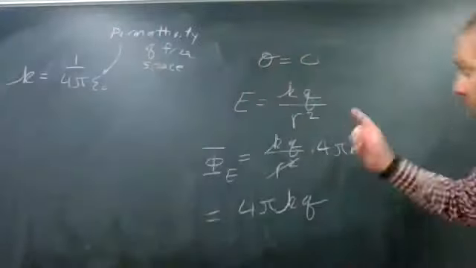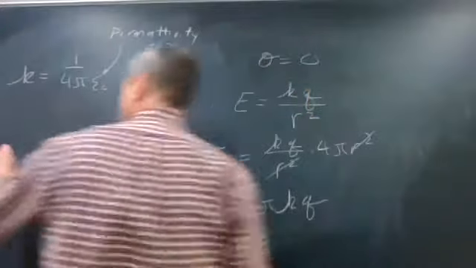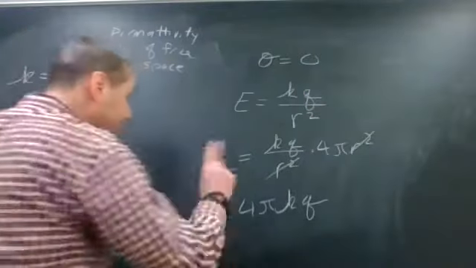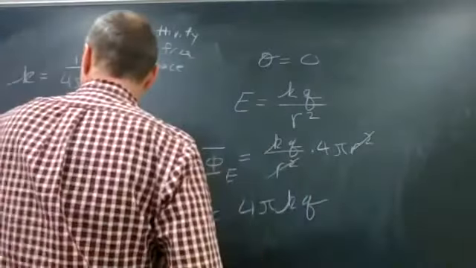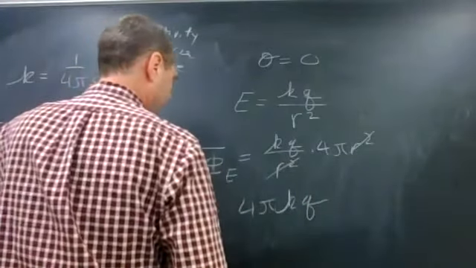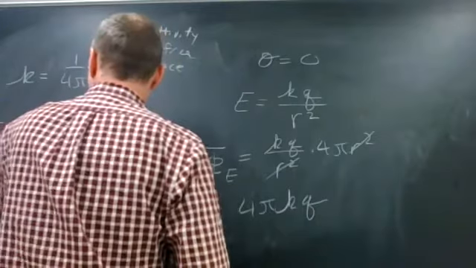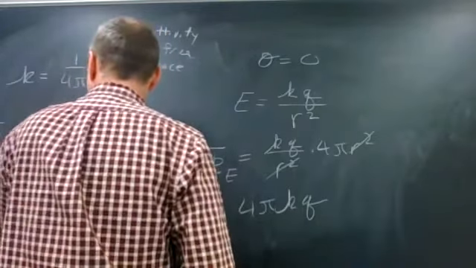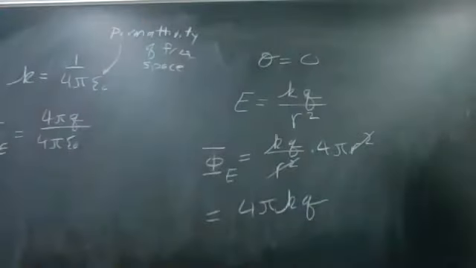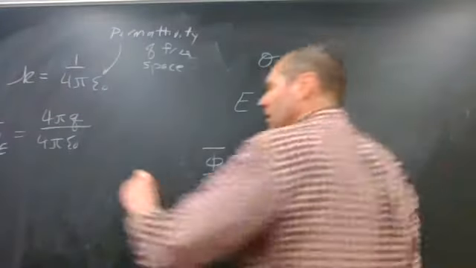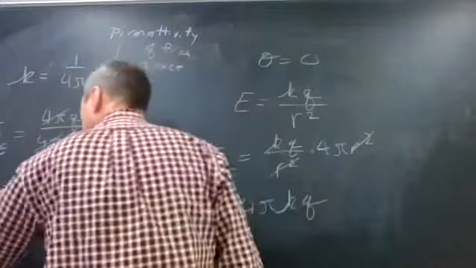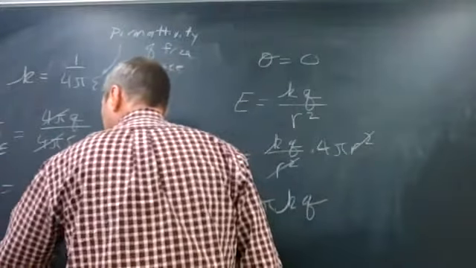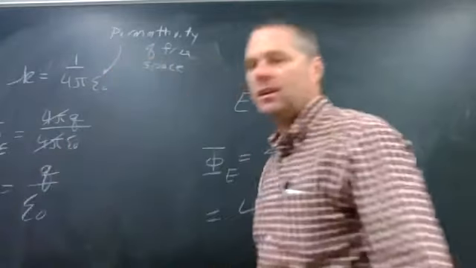So we can plug our K into this now. The electric flux is 4 pi Q all over 4 pi epsilon naught. The 4 pi cancels, and now our electric flux is Q upon epsilon naught.